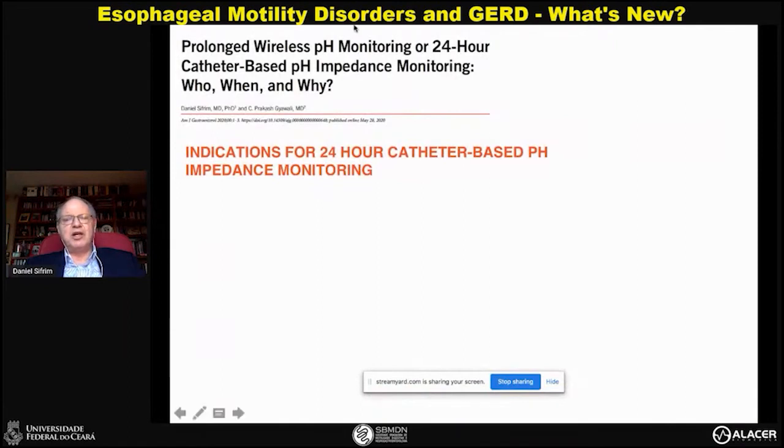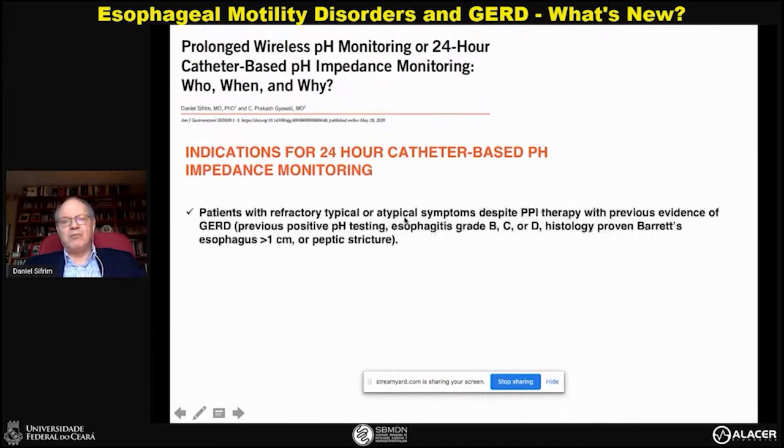Finally, I would like to share with you what we think at the moment. This was published a month ago. What are the best indications for impedance pH monitoring? This was a comparison versus wireless pH monitoring, or Bravo.